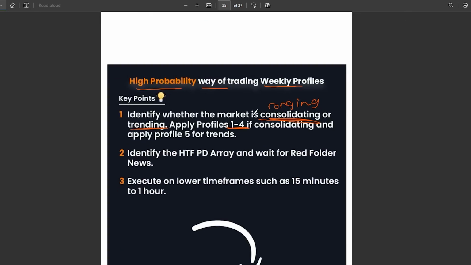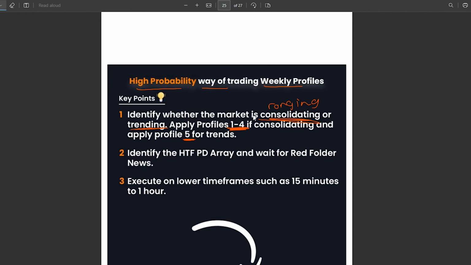So first of all, see whether the market is consolidating or trending and apply the profiles accordingly. If the market is consolidating or ranging, you will apply profiles 1 to 4. If it is trending or breaking out, you will apply profile 5.